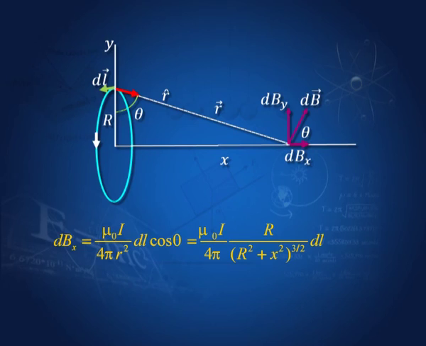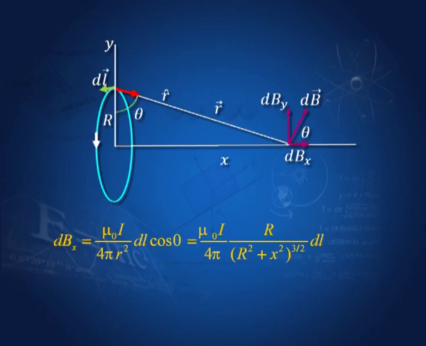So, d b x would be, this result we have already obtained, mu 0 I by 4 pi r squared d l, and the x component would be cos theta, and cos theta can be put in terms of this radius. So, r squared plus x squared is r, the magnitude of this, and therefore, cos theta is r by r squared plus x squared raised to power 3 by 2, and substitute that.